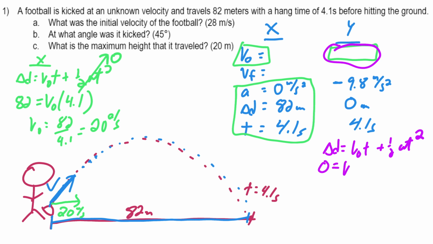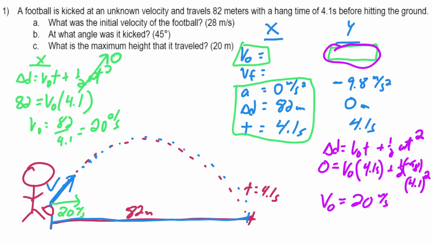The initial we're solving for, the time here is 4.1 seconds, plus 1/2 times negative 9.8, and then 4.1 squared. Go ahead and do the algebra on this. When I do it, I get an initial of 20 also. So notice that means we have 20 meters per second in the horizontal direction and 20 meters per second in the vertical direction.